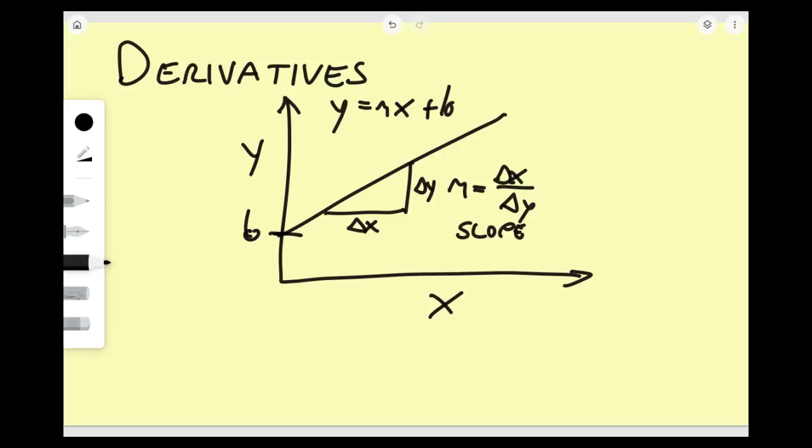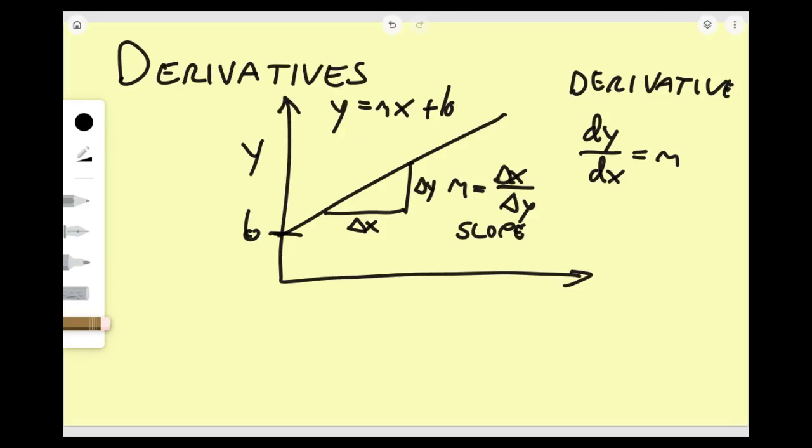It is also the derivative. The way we would write this is dy over dx equal, in this case, m. So that's the derivative, and that's the notation that we use.